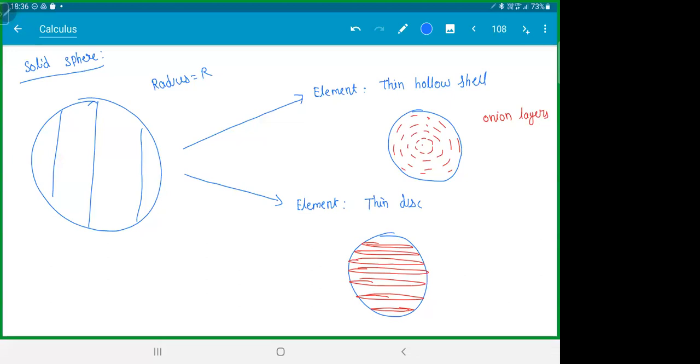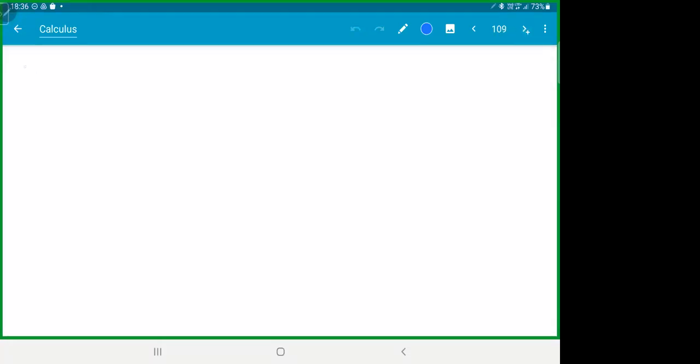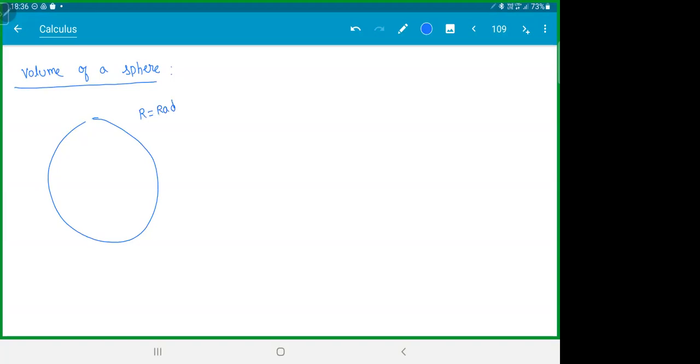Now let me show you how to use this. We will find the volume of a sphere. We know the result. But like I said, no one will ask you that. So we have a sphere of radius r. It also looks like a disk only because we can't draw a 3D figure on paper. So at distance x, take a thin shell of thickness dx.